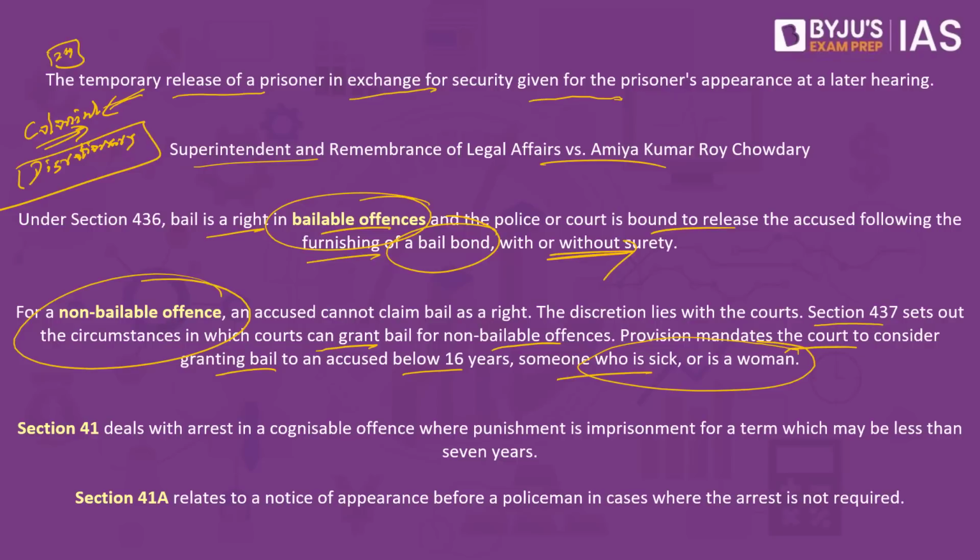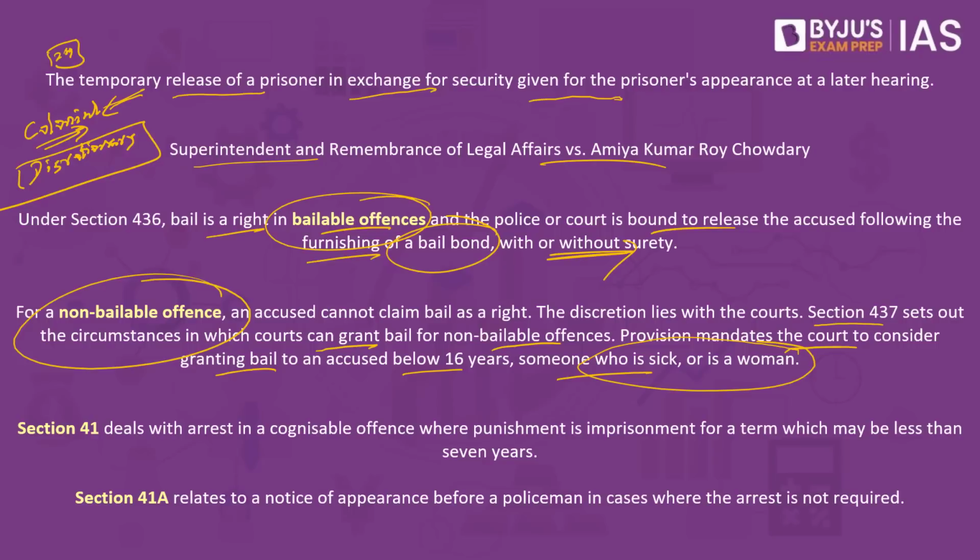Non-bailable offences are usually cognizable in nature, which means the police may arrest without a warrant, and the magistrate in the court of law determines whether the accused is fit to be released on bail. So remember, as of now, when we speak about bail provisions, we have section 436 of the CRPC and section 437 of the CRPC.